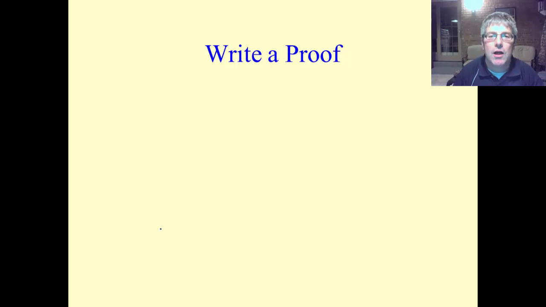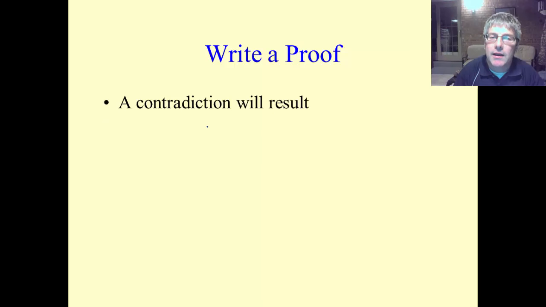So we write our two-column proof, starting with essentially the opposite of the proof. And as we are writing our two-column proof, suddenly we'll come across a contradiction. Something unusual will happen that doesn't make sense. A given will be violated.